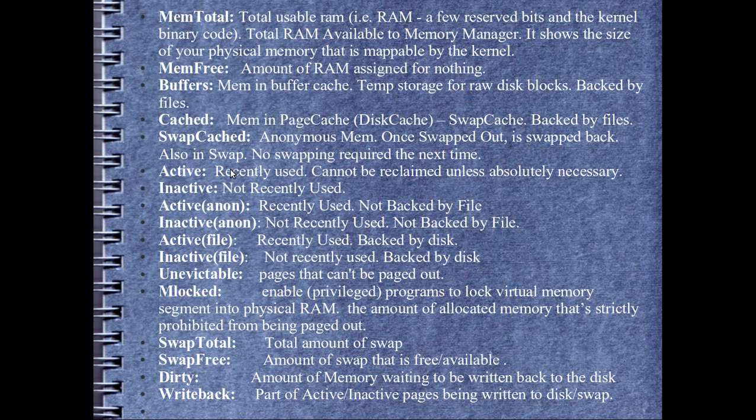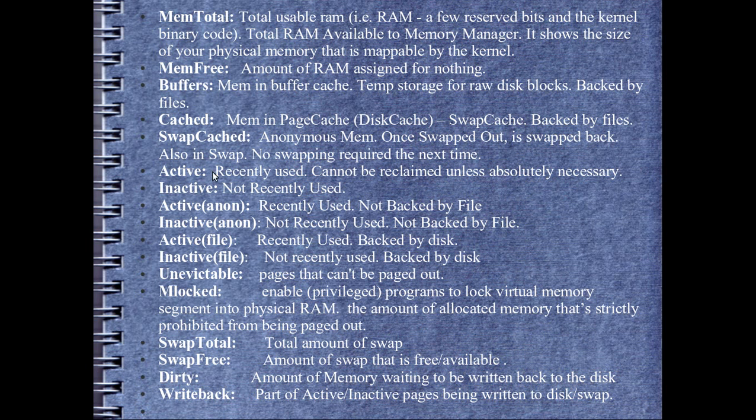time, save some IOs. Active, recently used, cannot be reclaimed unless absolutely necessary, because it is actively used, it was used very recently, so the operating system or memory management module knows that it may be accessed in near future.